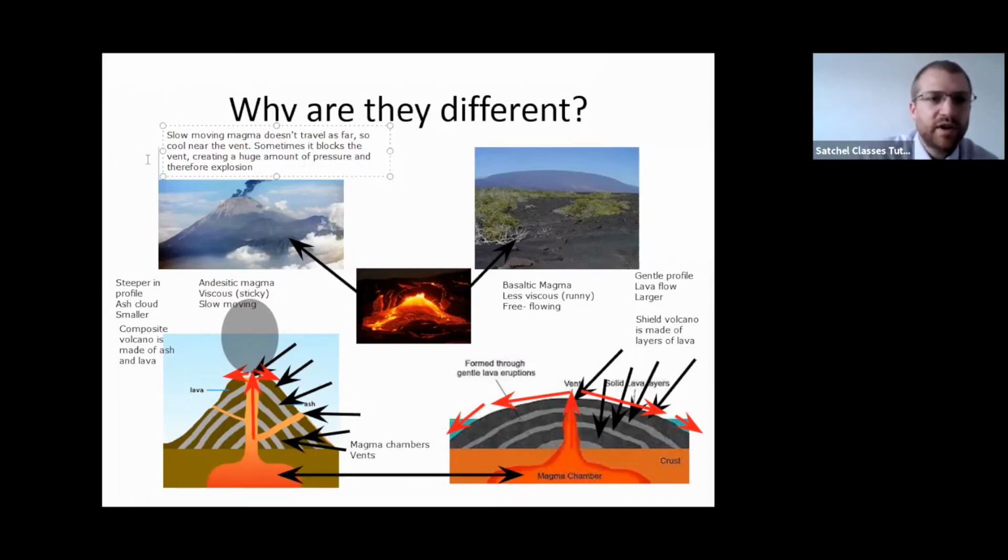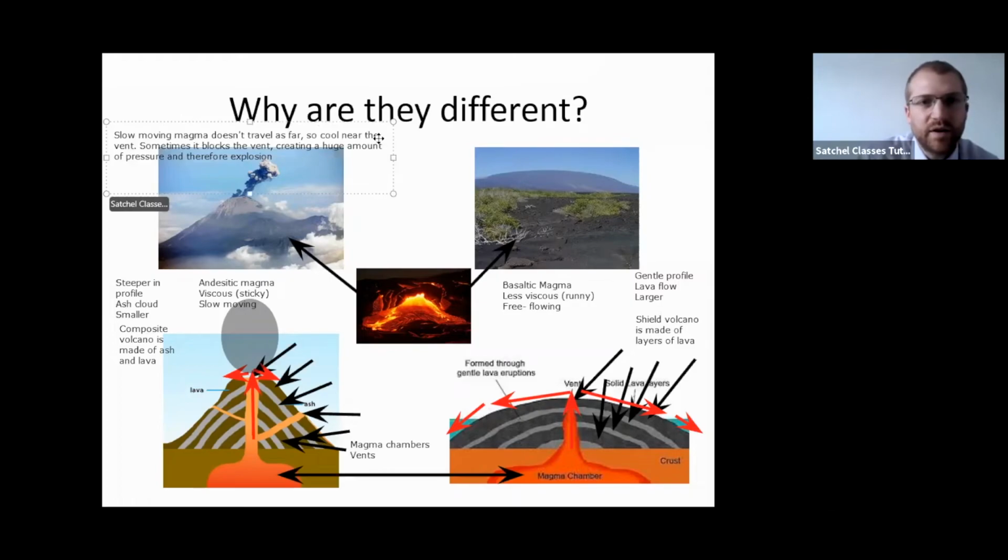So that huge release in pressure will lead to the volcano basically exploding itself apart. So chunks of rock, ash, fine particles will be launched into the air because of that huge amount of pressure being built up.